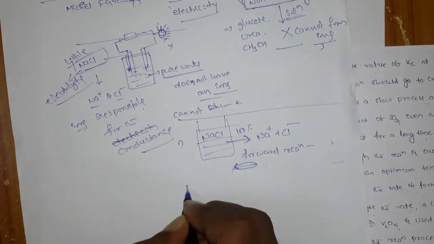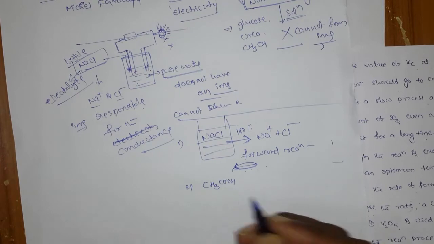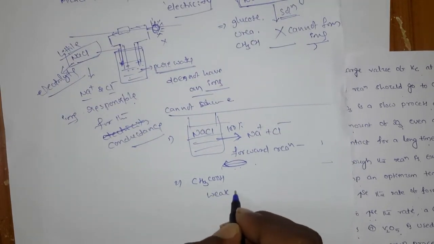Take another example, acetic acid, CH3COOH, which is a weak electrolyte.